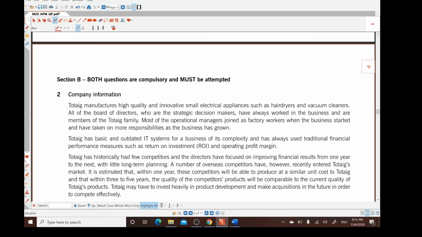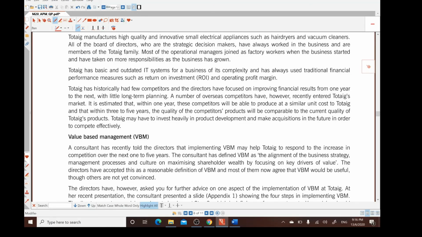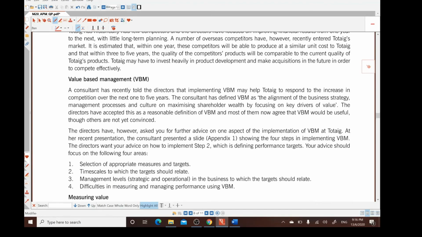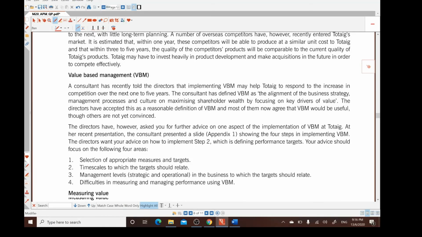Again, for all the questions in the APM, the company information will be presented. That's why you will see from here the background, with value-based management. Don't worry, in the revision class itself, or even a novel course, we will be able to demonstrate this to you.